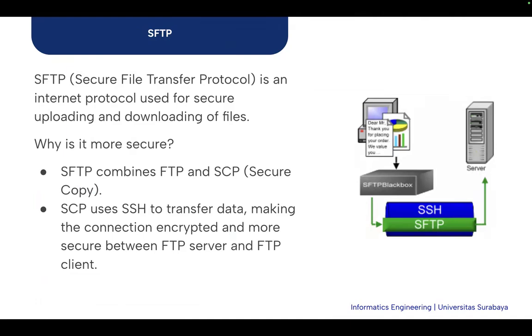So if you are going to transfer files from client to server, we can use SFTP. SFTP is more secure. Why is it more secure? Because SFTP combines FTP and SCP. SCP is secure copy, and it uses SSH to transfer data. So the data that is delivered through SFTP is also encrypted. Since it is encrypted, it is more secure compared to standard FTP and FTP clients.